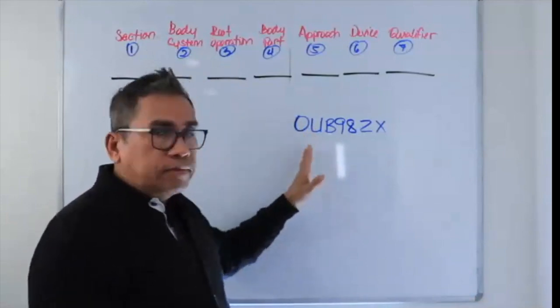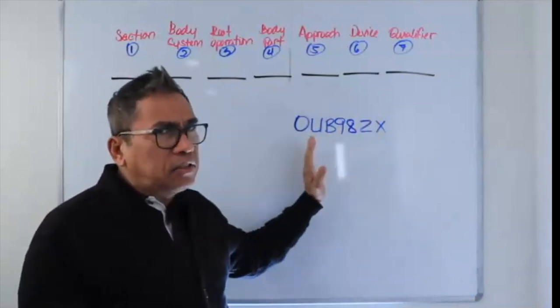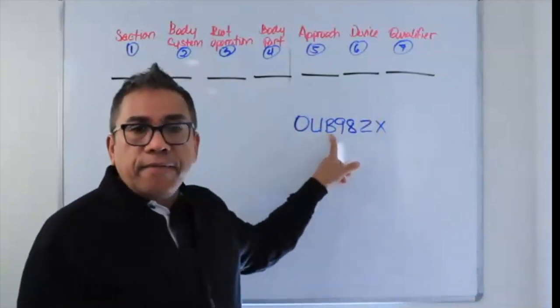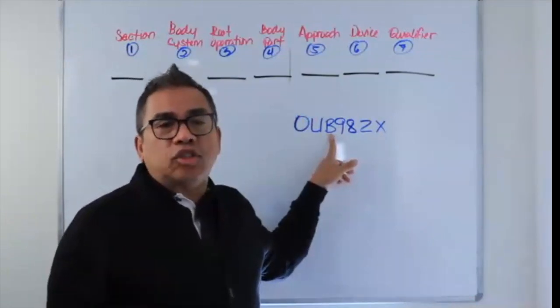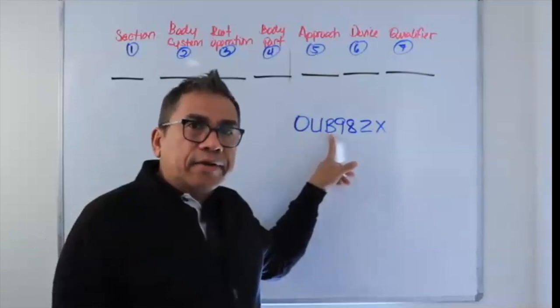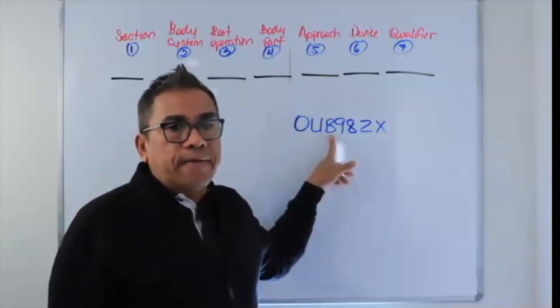I mean, there is a pattern, guys. You have to be observant, look at the patterns. Letter B here is the value for excision. When your root operation is excision, the third character is always letter B. Okay?